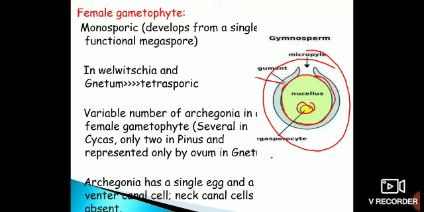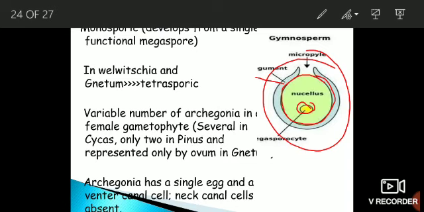If your female gametophyte develops from a single megaspore, this is known as monosporic type, okay. However, in Welwitschia and Gnetum, all the 4 megaspores which are formed from this megasporocyte as a result of meiosis take part in the formation of female gametophyte, okay, and this is known as tetrasporic type of development.